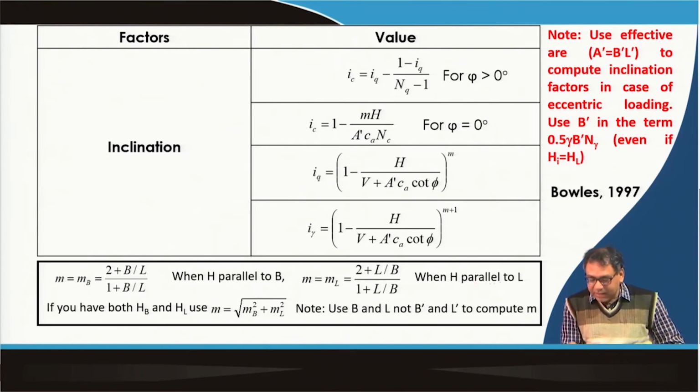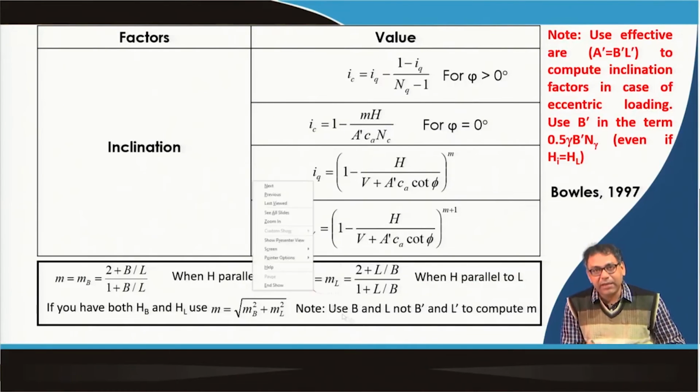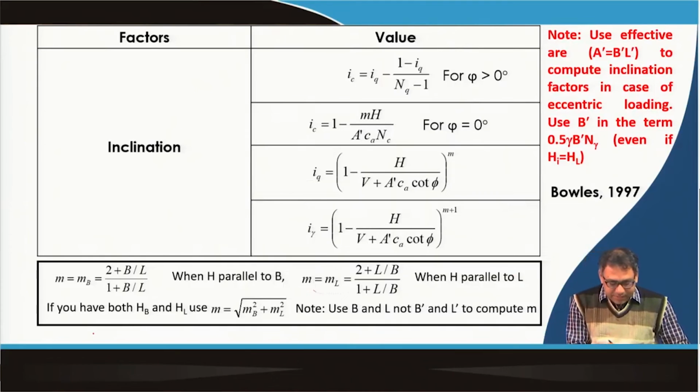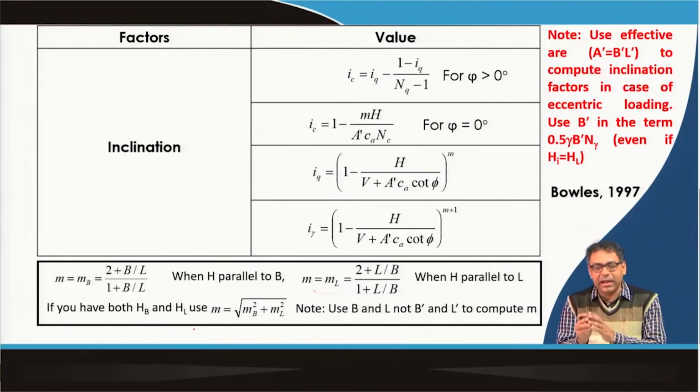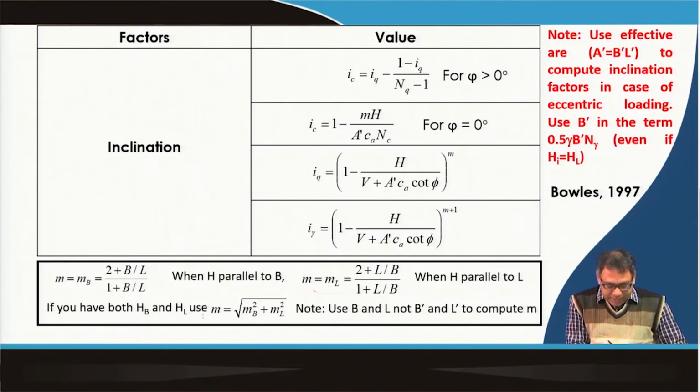If it is parallel to L, then M will be ML. If it is parallel to both, then you calculate MB and ML, and use the square root of MB square plus ML square. Then that will be the M.